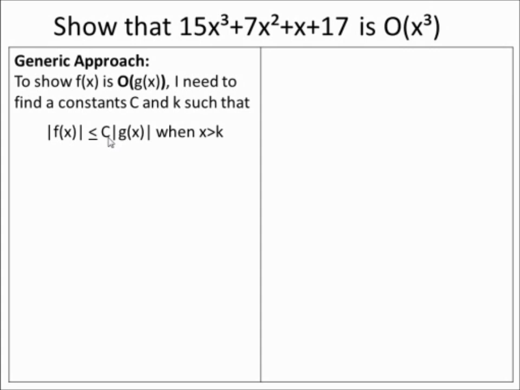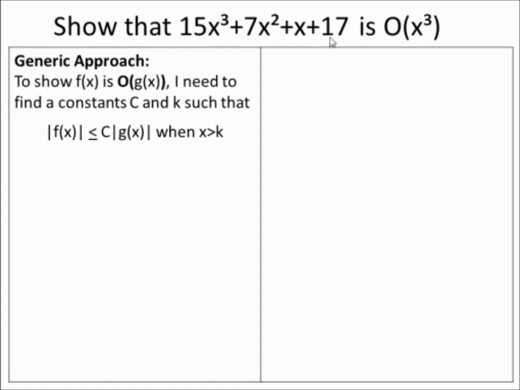And this c is like my fudge factor, which will make more sense after we get done with this example. So I need to find these two numbers. I need to find my fudge factor c, and I need to find my turning point k, where this relationship always exists. So this is generically what I need to do.